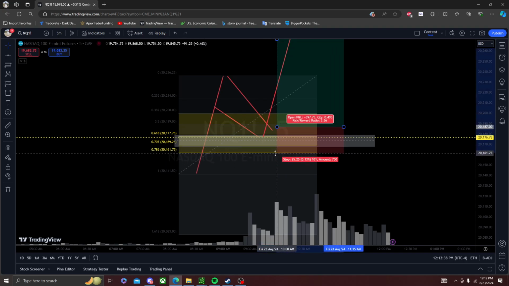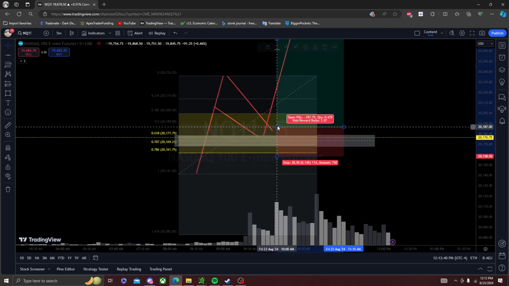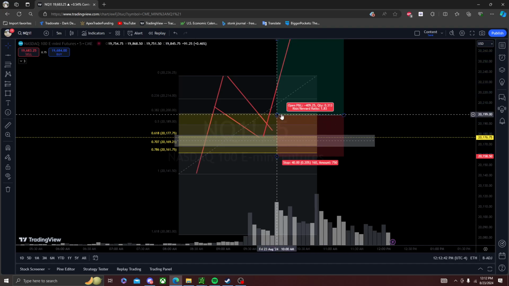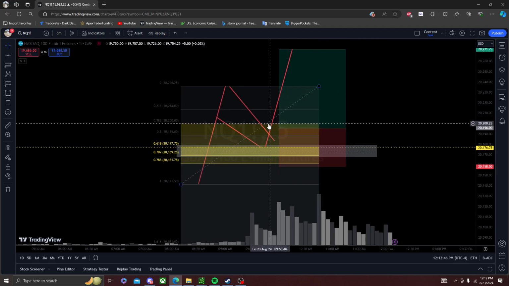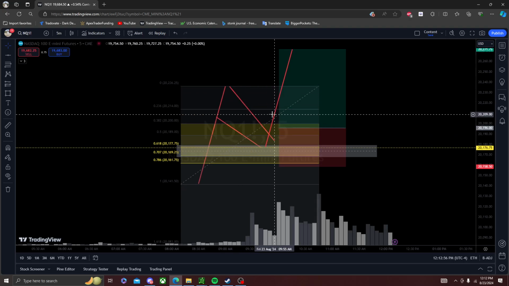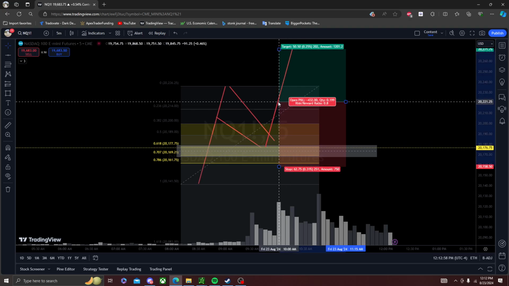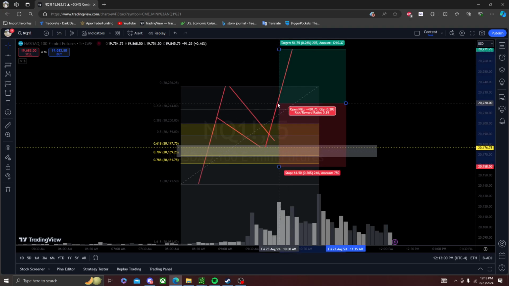So in this case, if you were to wait for the actual candle close above this flagging structure, you would obviously need to wait for the candle to close above it. And that could look like really anything. We could close slightly above the upper trend line, or we could close way above, potentially all the way at like 20,220.